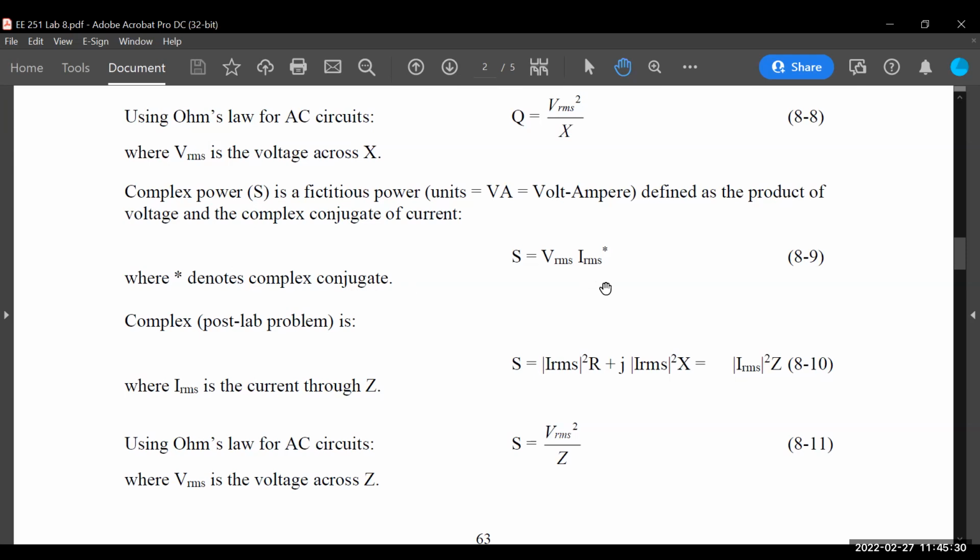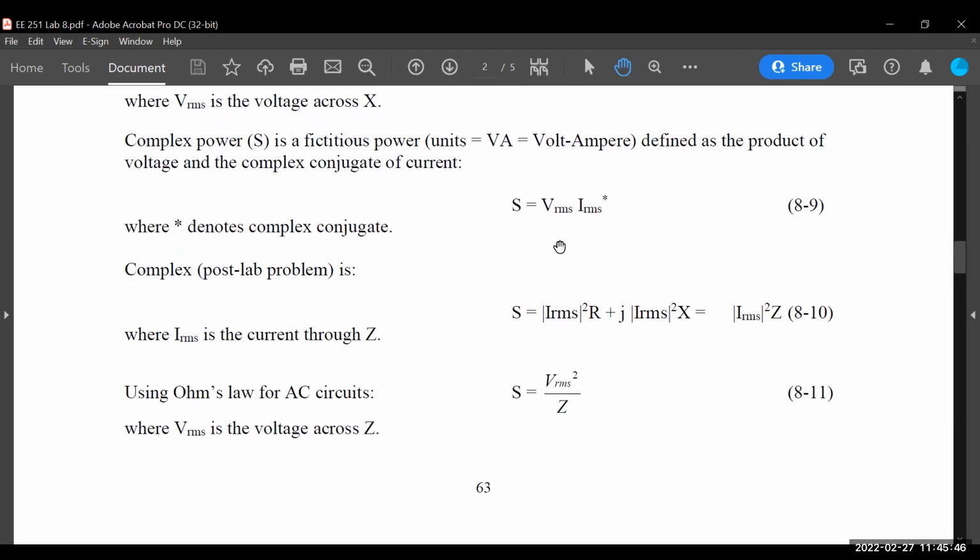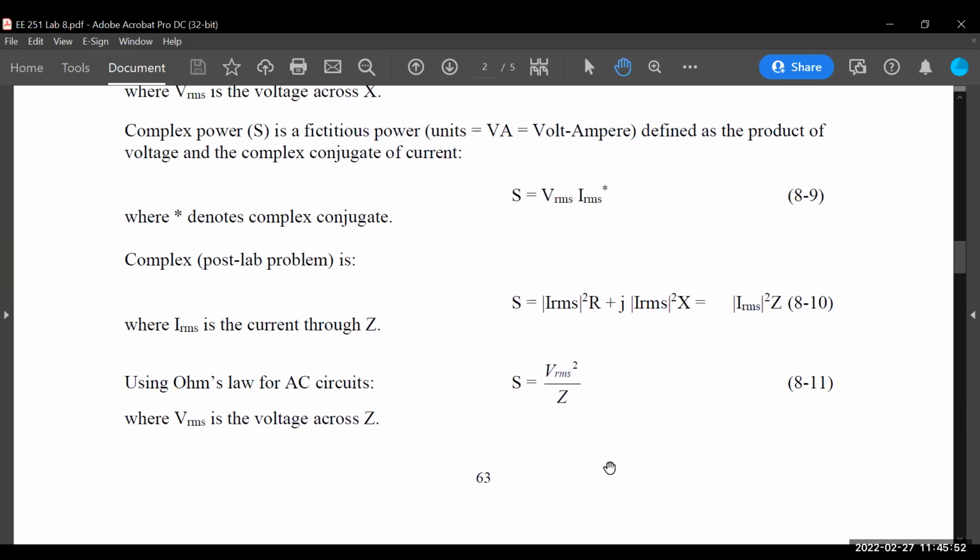If it is in polar form, R with the phase angle of theta, it becomes R with the phase angle of minus theta. That is the complex conjugate. The product of V RMS and I RMS asterisk gives you the total complex power S. S is also P plus JQ, in terms of real power and reactive power.